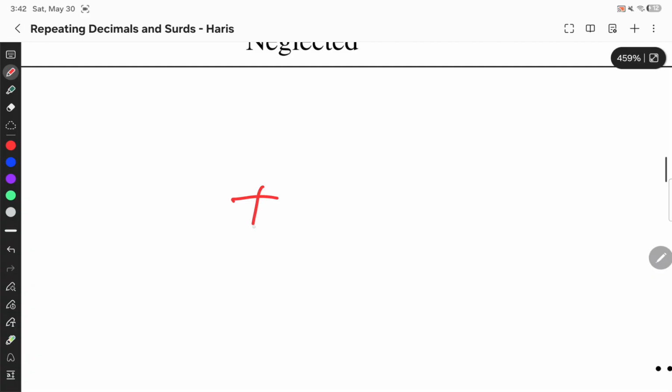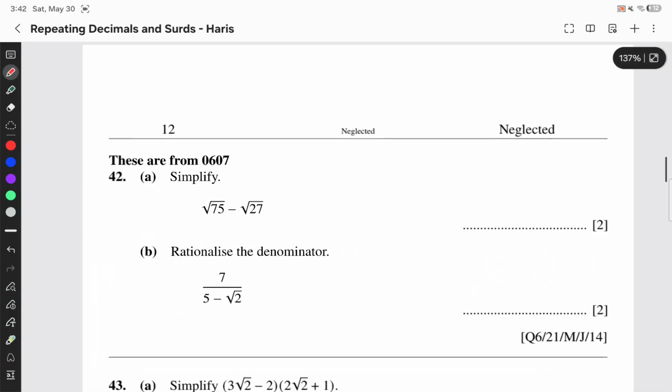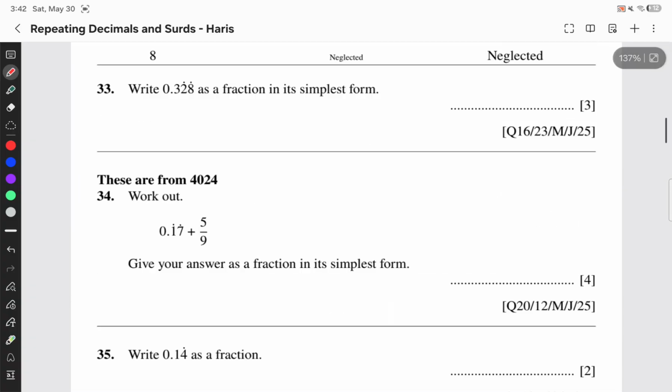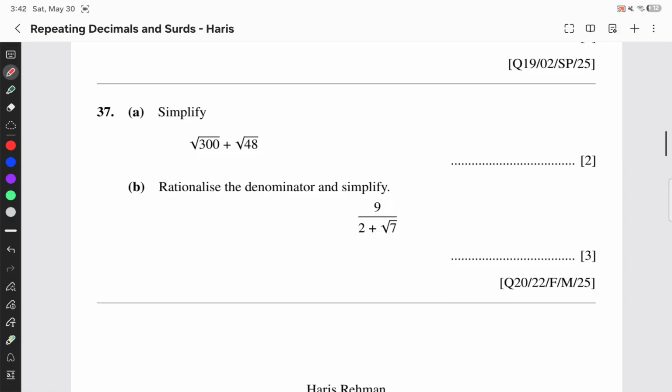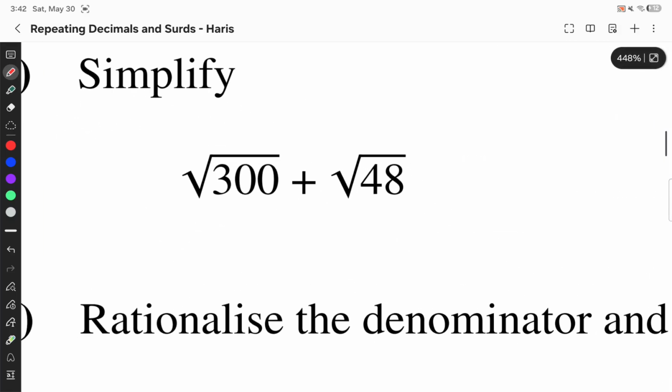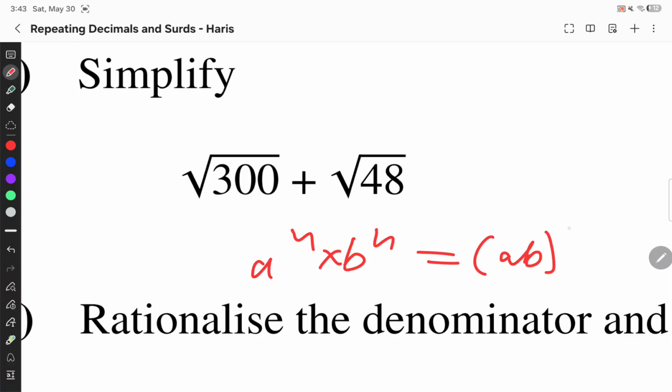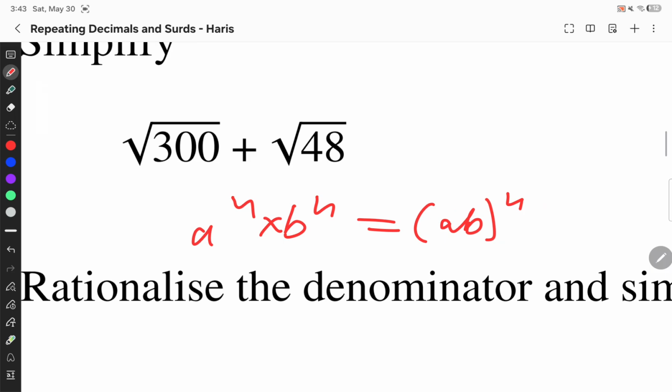Well, addition and subtraction is somewhat different, and this is where you need to use your indices rules. If you have done indices, you may know this rule, that if we have two numbers multiplying with the same power, it is the same as the product of those two numbers to the nth power.